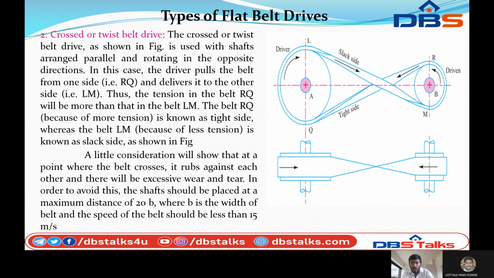So this is the crossed or twisted belt, so the belt will be crossed. It rotates with the twisting of the belt, from RQ to LM. This is the direction of rotation of the belt.